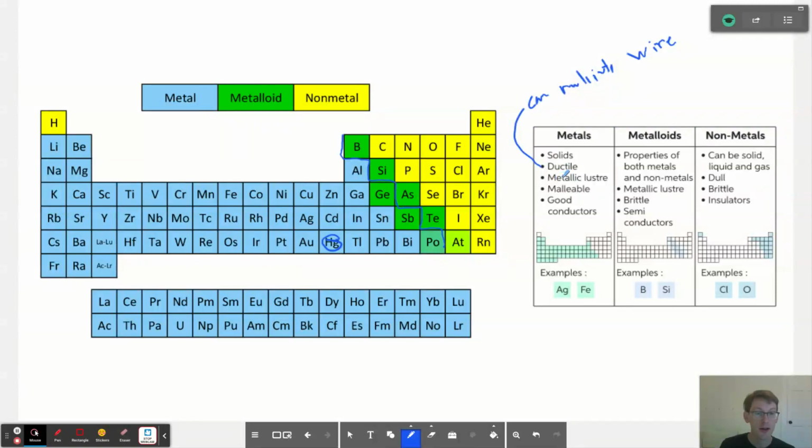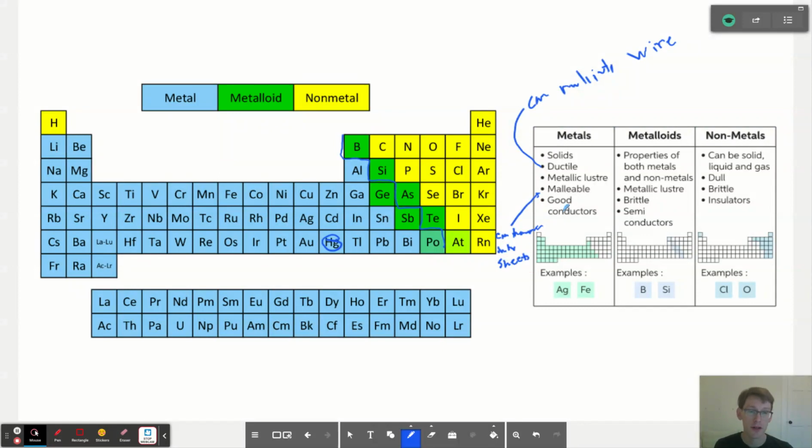Metallic luster, they're shiny, basically. Malleable. This is a term that blacksmiths use. This is for when you can hammer something into sheets. So you can hammer it, it's not brittle. Can hammer into sheets.